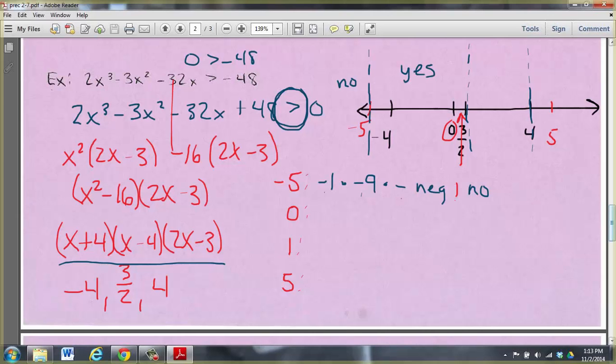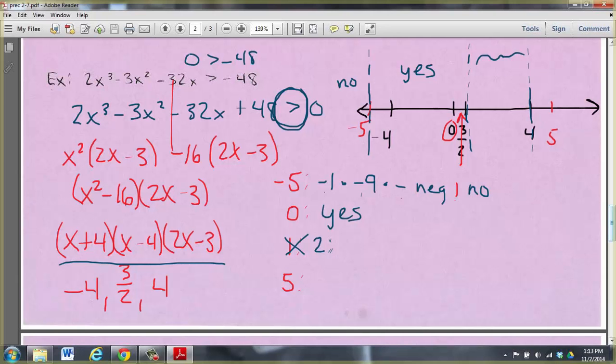When I plug, did I want to try 1? It really didn't matter. No, I didn't want to try 1. I apologize. I confused 0 with my critical number, so I'm not going to try 1. I'm going to try 2 because that's in this interval.